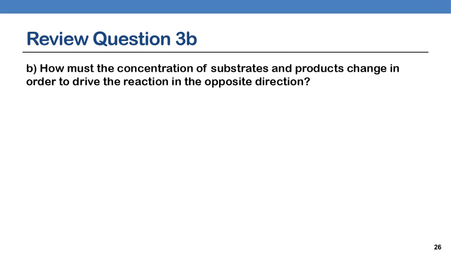So if we increase the ratio of products to substrates in a reversible reaction, that's going to push the reaction towards the substrates because we have so many products. So how could we mathematically show that and find that ratio?